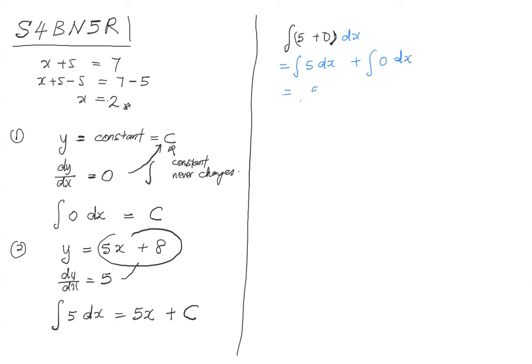Integrate a constant, you will get a constant times x. Plus integrate 0, you get a constant. That's all. You get me? So that is the meaning of anti-differentiation. That is what we are talking about. So now I'm going to teach you how to apply this. Later, I will teach you the formula tomorrow during the lecture. So this one, I will teach you how to make use of antiderivative.